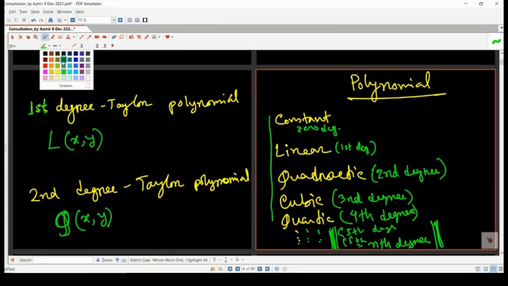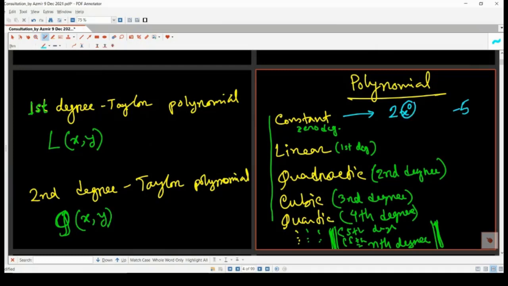Now let us have a look at the examples. What is a constant or zero degree polynomial? Say we have 2, or let's say we have -5. 2 can also be thought of as 2x to the power 0. You know that x to the power 0 is 1.